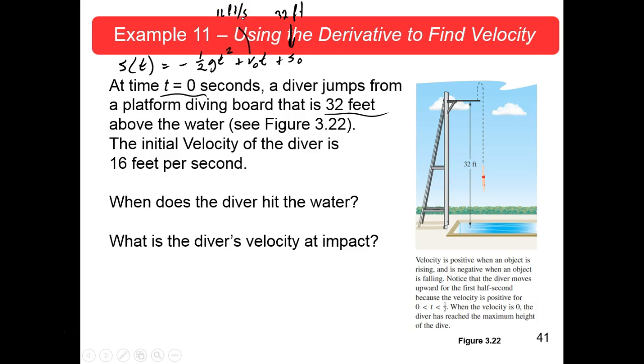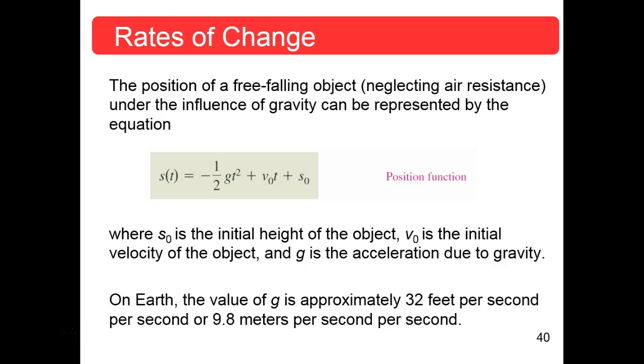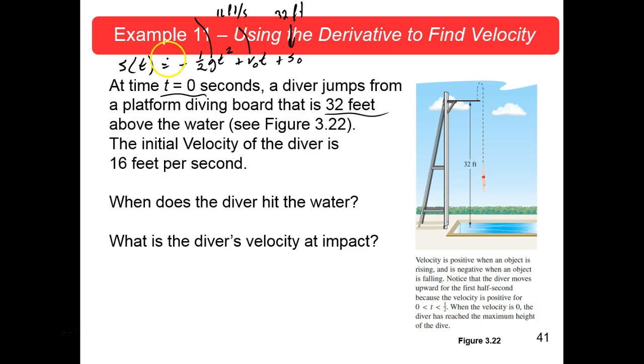Now, because we're using feet and feet per second, what g do we use? One of these two here. Which one? 32 feet per second squared. So the g that we use is 32 feet per second squared.